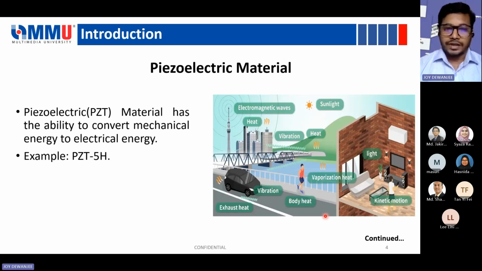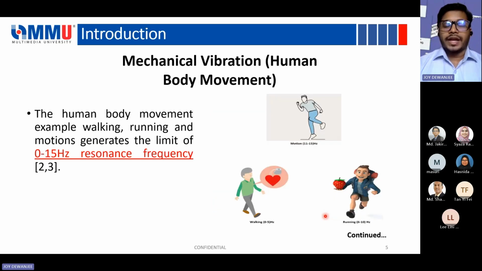Piezoelectric materials have the ability to convert mechanical energy to electrical energy. There are different types of piezoelectric materials, but we are considering PZT-5H, one of the most known piezoelectric material models. There are many mechanical vibration sources, for example vehicles, but here we are considering human body movement vibration because our application is a pacemaker device.